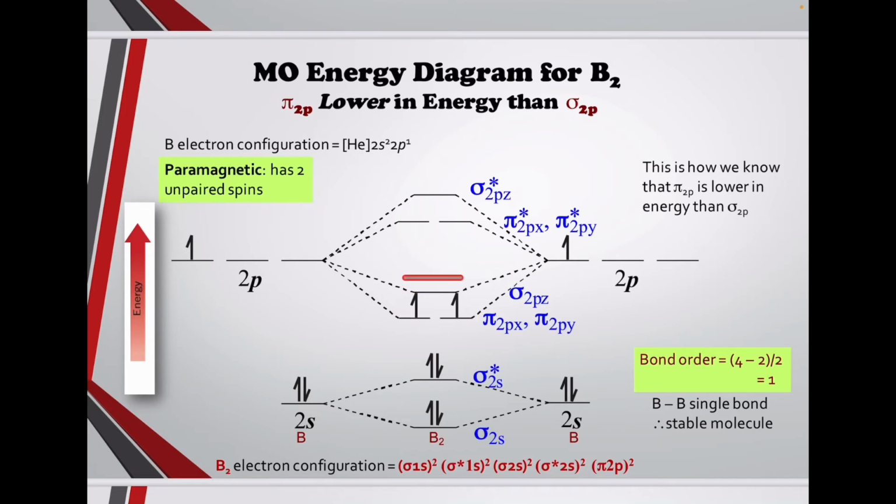So look here, unpaired electrons. How many unpaired electrons? 2 unpaired electrons. So just look at the center here. If you want to identify the HOMO, the HOMO for B2 is the pi 2p. And the LUMO is sigma 2p.